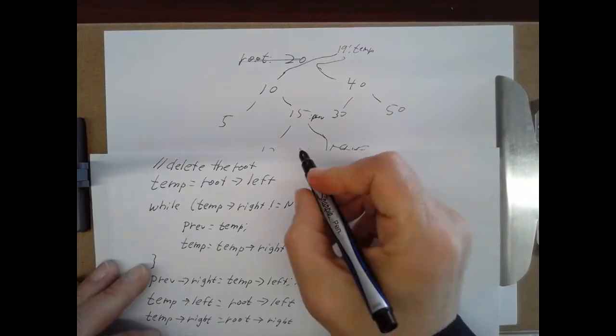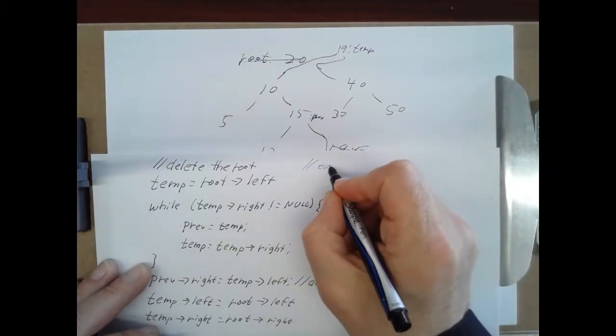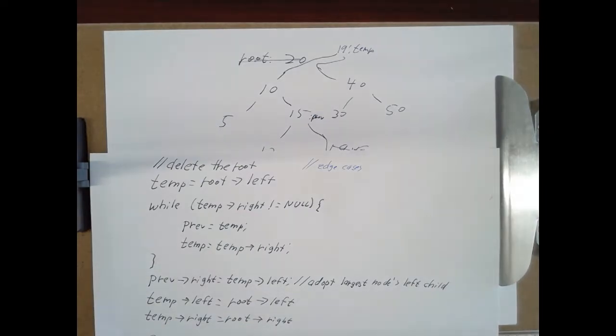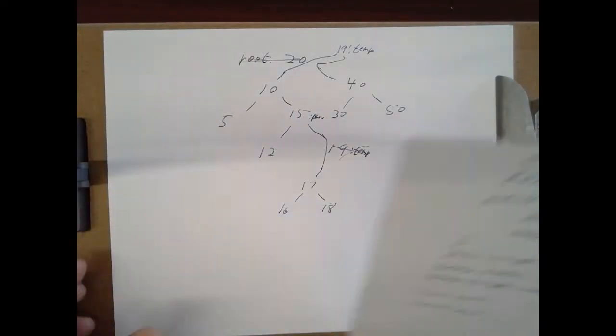And there's still some edge cases in here that we haven't addressed. So one possible edge case, say again? Root left is null.